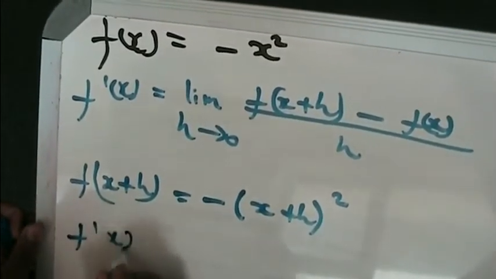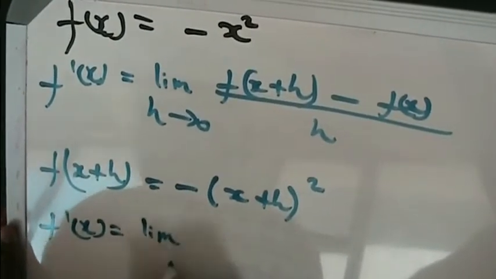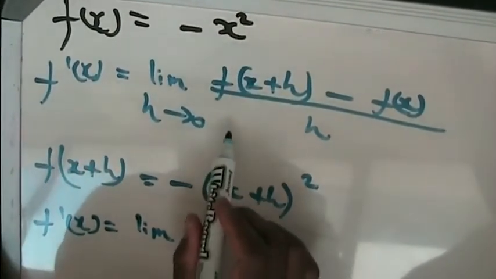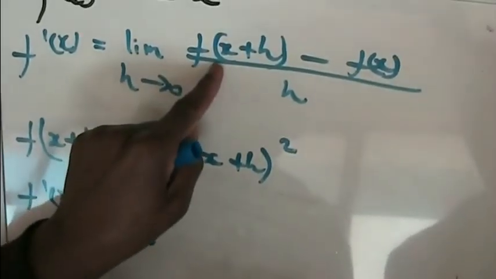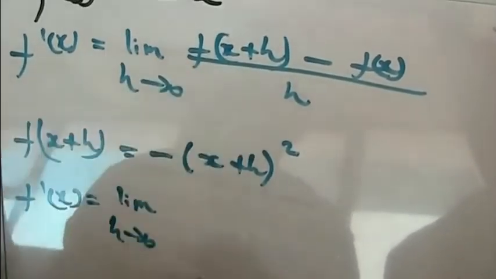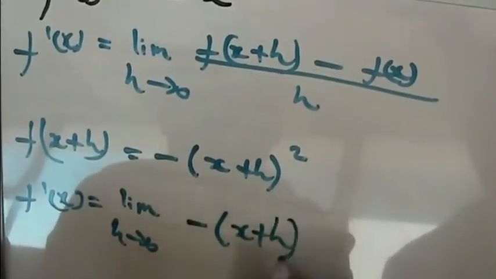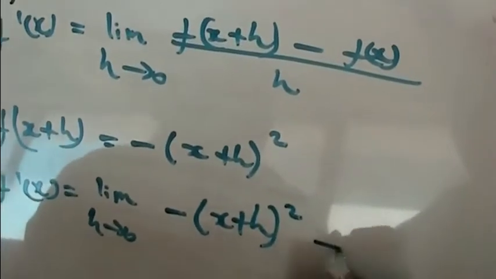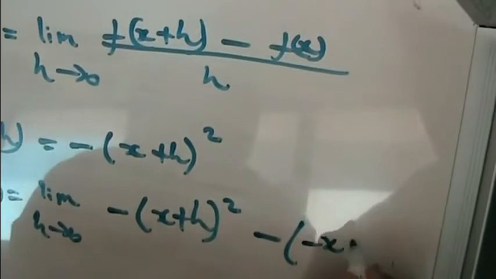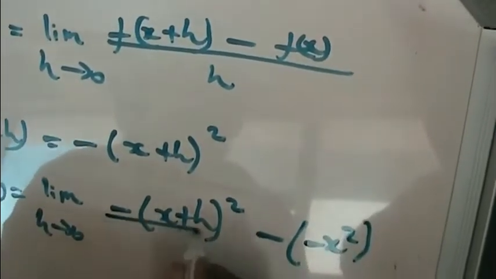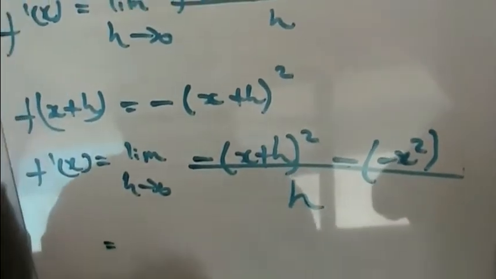So f prime of x is equal to the limit as h tends to 0 of f of x plus h, that is equal to minus into x plus h all squared, minus f of x, which is minus x squared, over h.